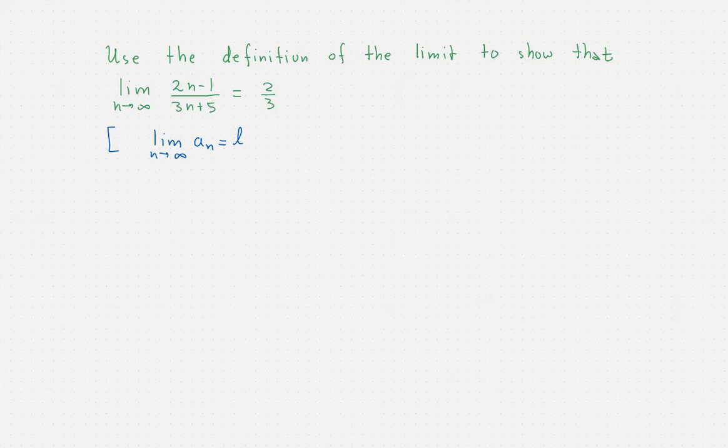To this end, what we really have to check is that for any epsilon greater than 0, this signifies a very, very small number, the difference a_n - L is ultimately, and when I say ultimately, I mean for large enough n, since n tends to infinity, less than epsilon.